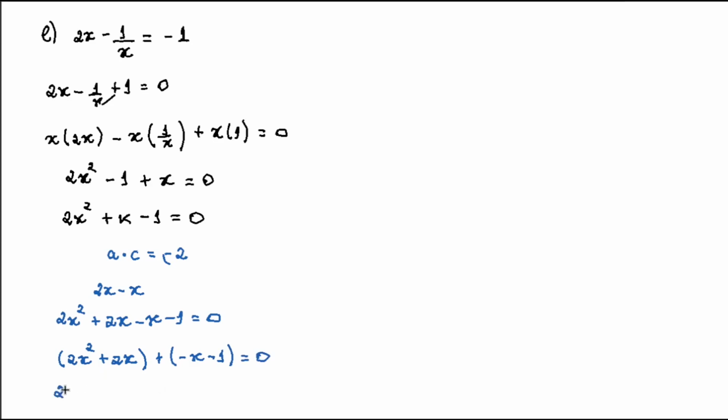We have 2x times x plus 1, and factoring the greatest common factor in the second pair, we have minus 1 times x plus 1. Now the binomial x plus 1 is the common factor in both terms. So we factor it out, and we have x plus 1 times 2x minus 1. This is the factored form of the equation.